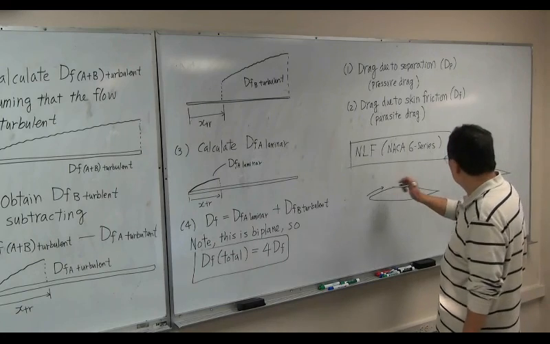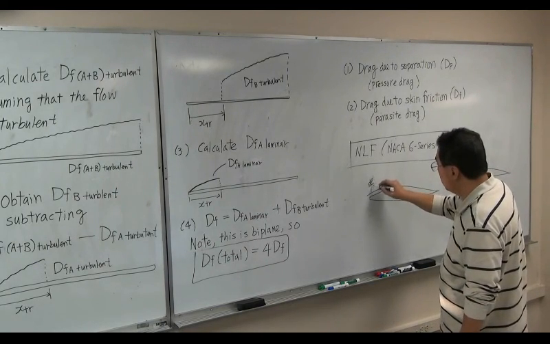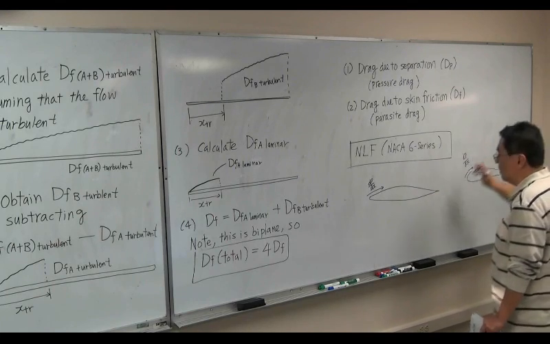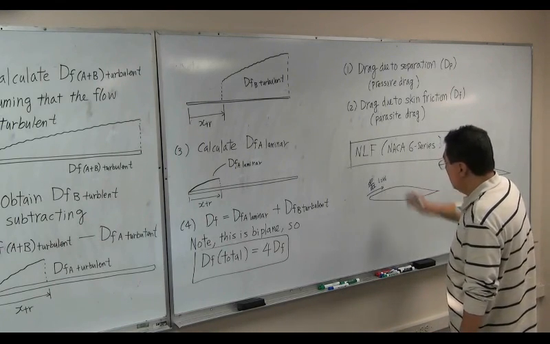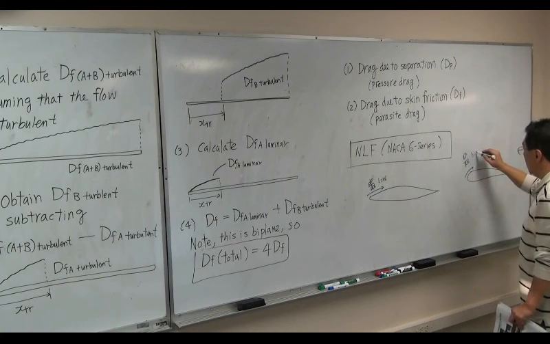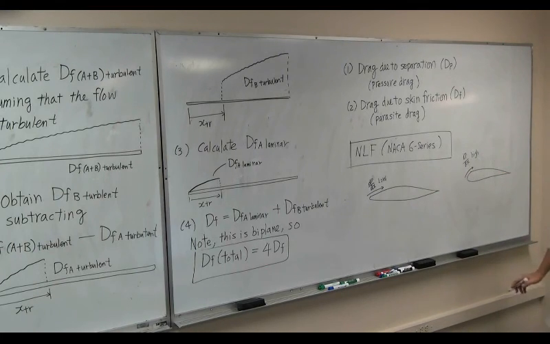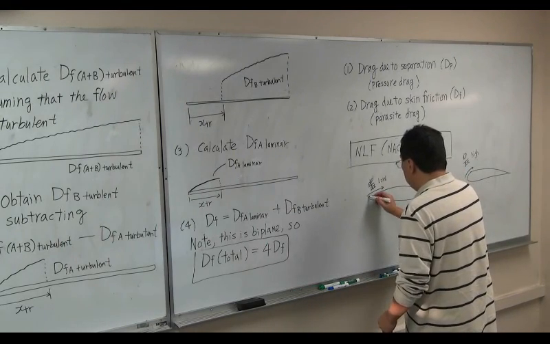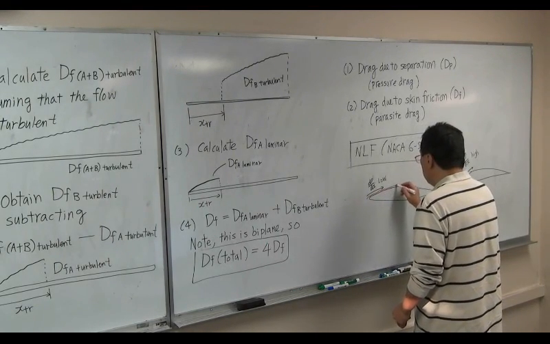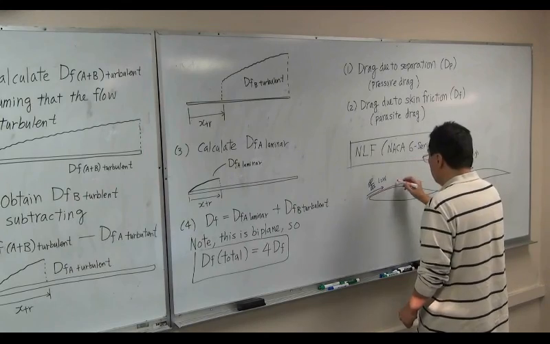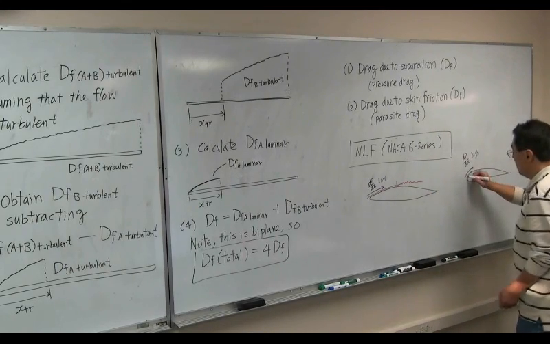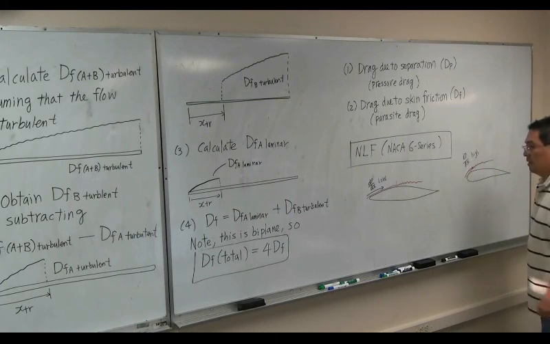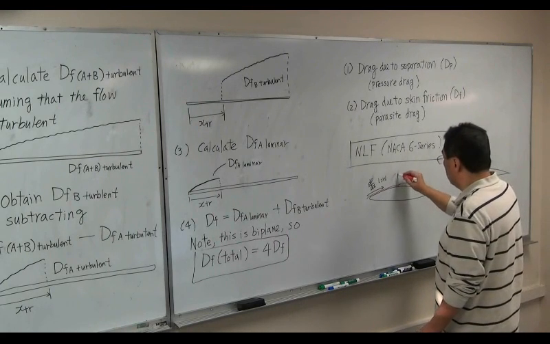With the 6 series, you are going to reduce it. This is dp/dx low, and this is dp/dx high. As a result, you are going to retain more laminar flow on the surface, so the laminar flow region is extended.